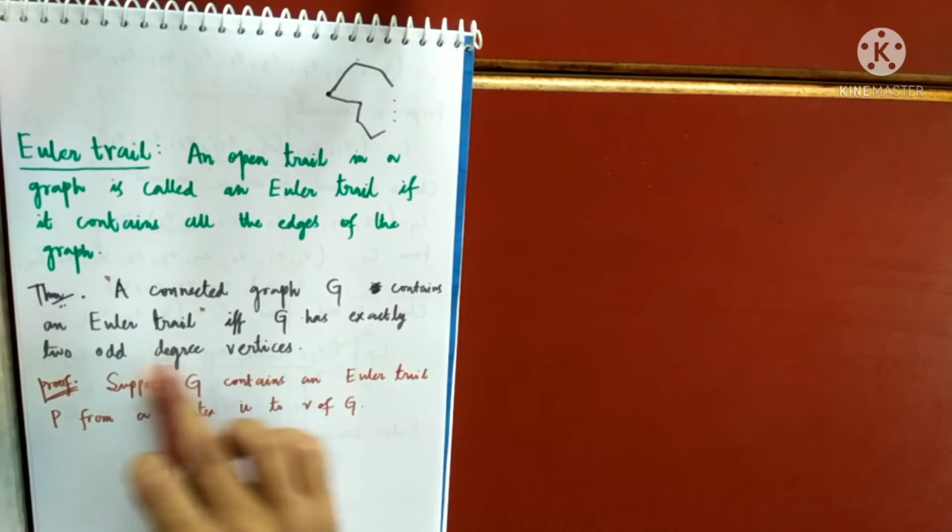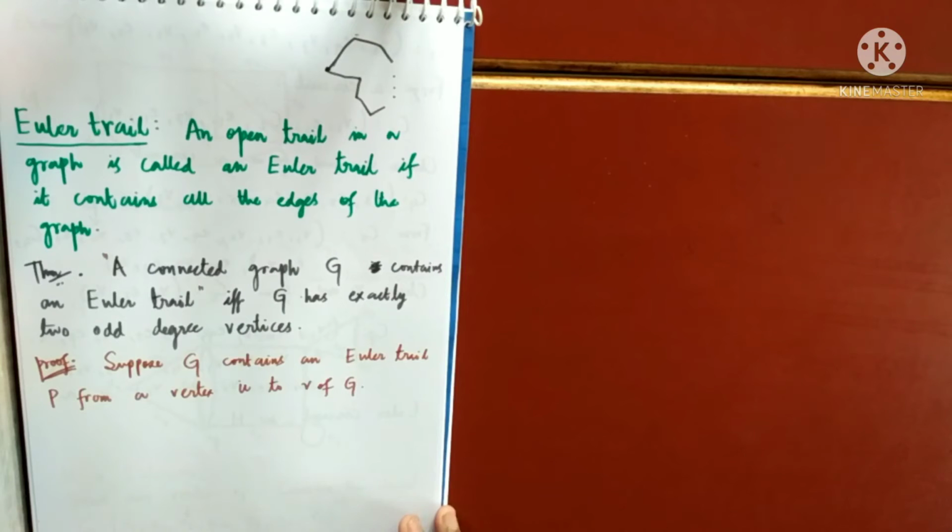So suppose G contains an Euler trail P from a vertex U to vertex V.